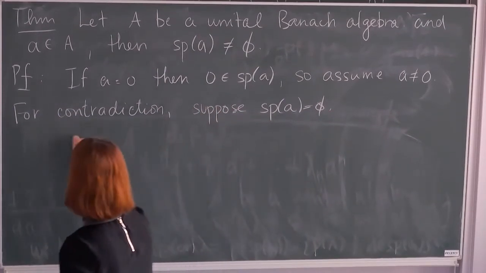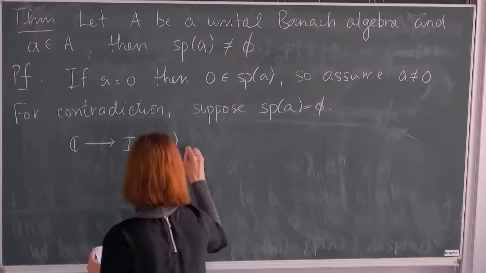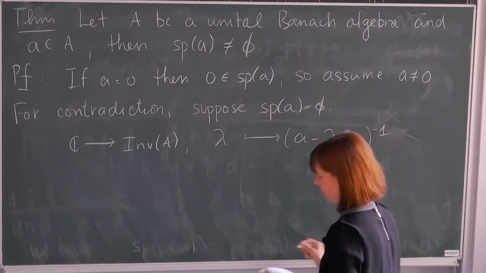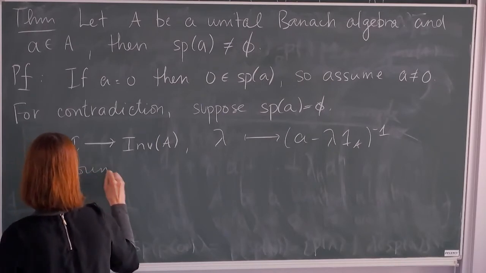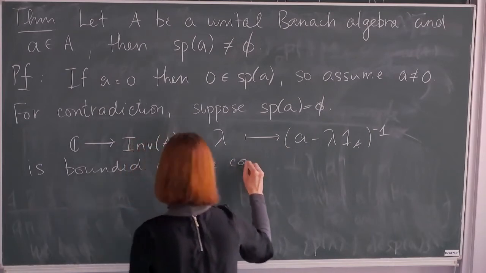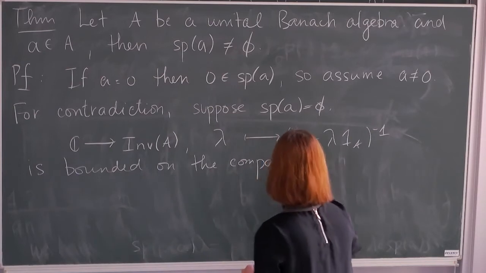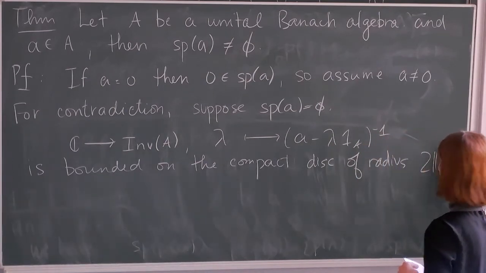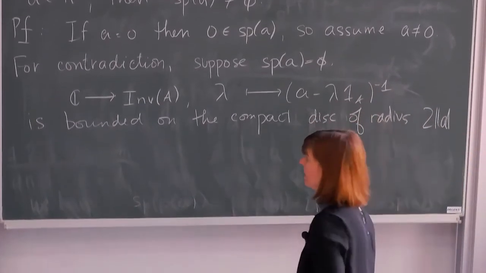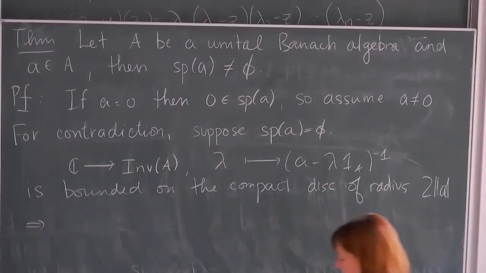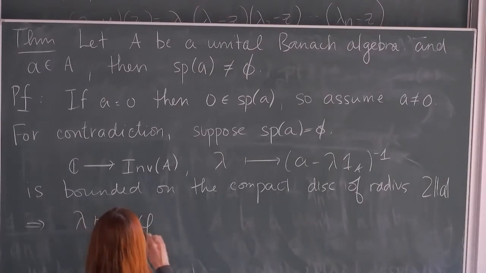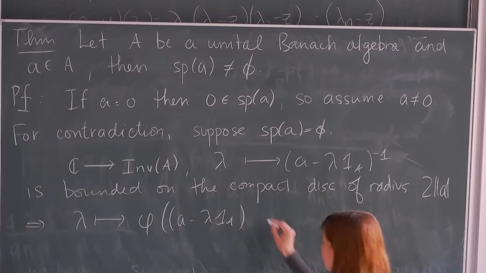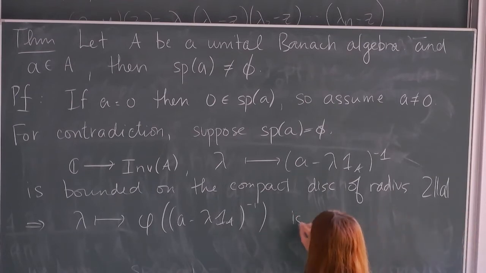Okay, then you can check that the map is bounded on the compact disk of radius 2 times the norm of A. And that implies then that the map from C to C given by lambda maps to phi of (A minus lambda 1A) inverse, where we're going to apply some phi in our dual.